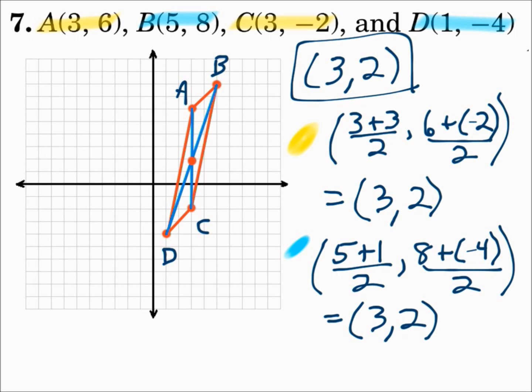So it works out. You can see from the way the graph is drawn that it's on the point 3, 2, and you can verify it by doing the midpoint of each diagonal. You do the midpoint because the diagonals of a parallelogram bisect each other, and that midpoint is at that intersection.